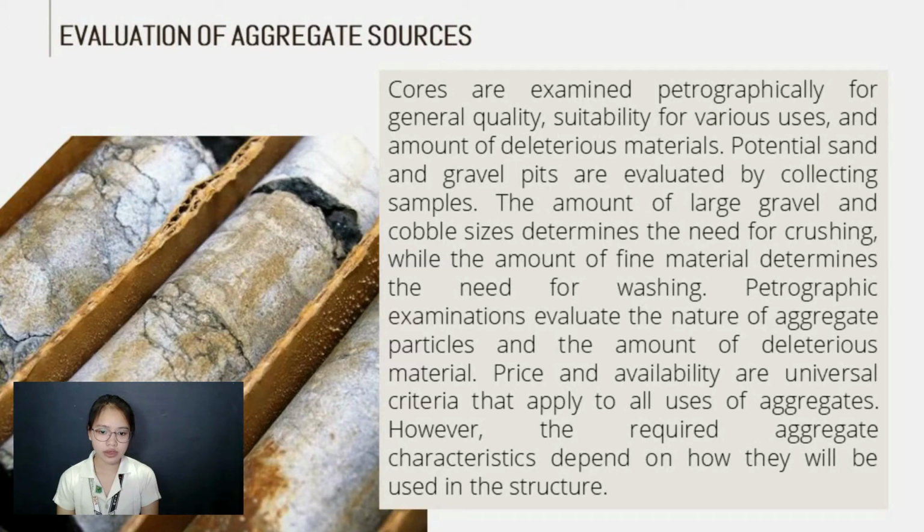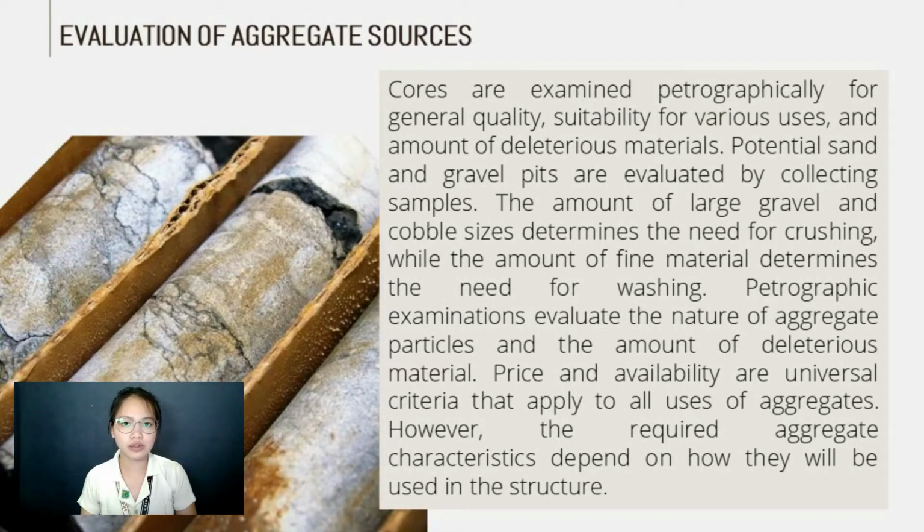On the other hand, if the majority are fine materials, then it determines the need for washing, or simply the unnecessary materials are removed. One of these, which was mentioned earlier in the discussion, is impurities, and there is also equipment suitable for this case. So, the availability of equipment is also a factor to consider in selecting an aggregate source. Nevertheless, after all, the important thing is that it should meet the requirements of a project.